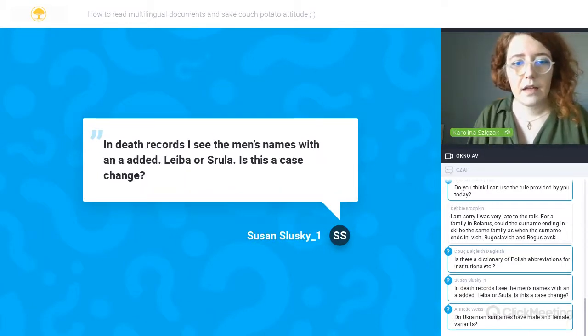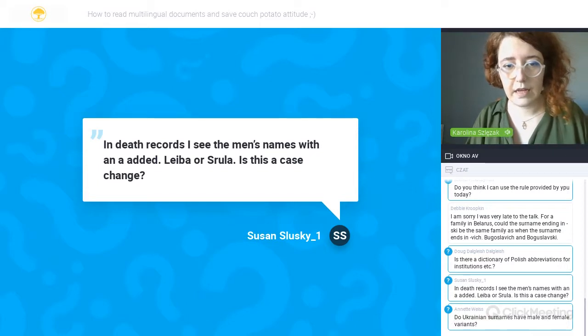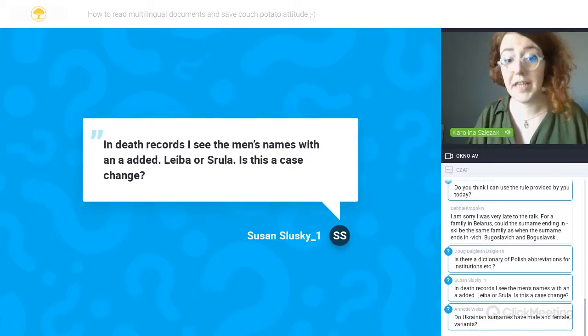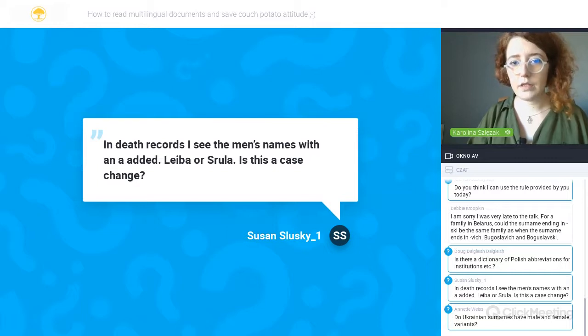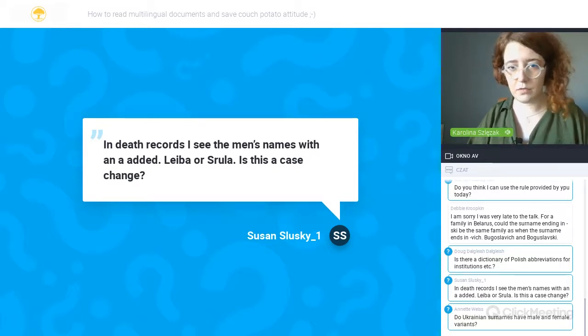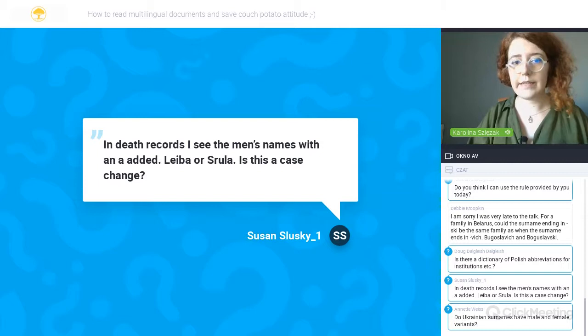In death records, I see the men's names with an A added, Leiba or Srula. Is this a case change? Yes. This is dative. For example, the son of Leib or the son of Srul will be syn Leiba or syn Srula.